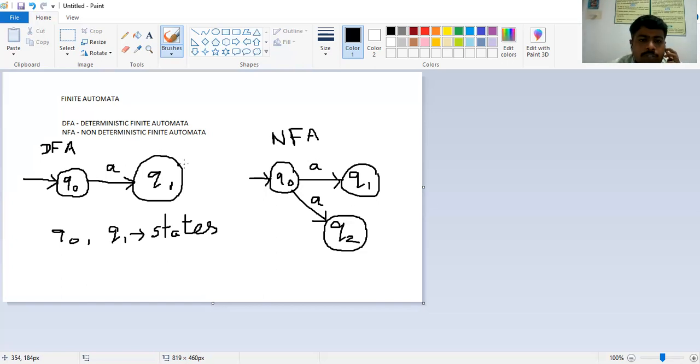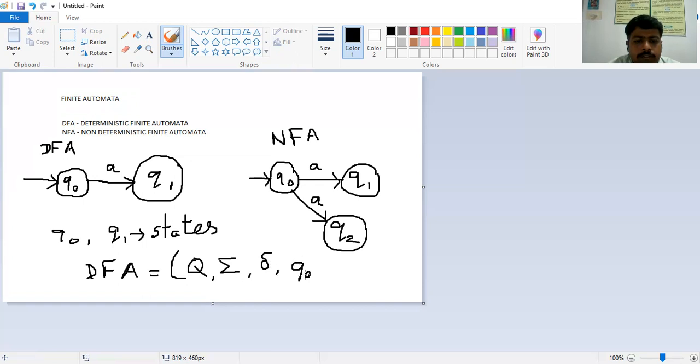Both NFA and DFA have 5 different kinds of tuples. The DFA has tuples like capital Q, alphabet, transition, start state, and final state.